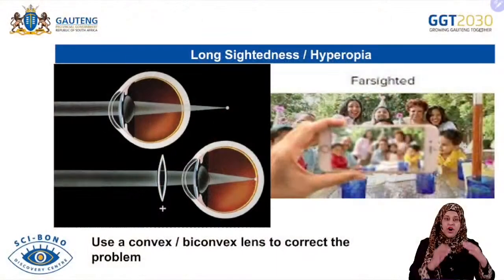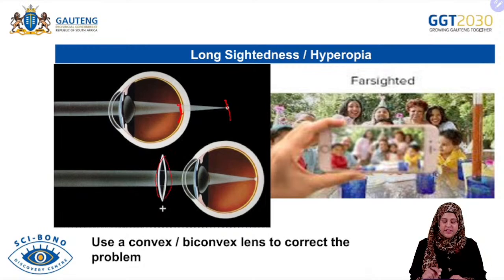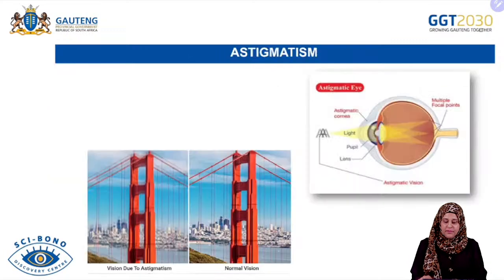And remember, the more convex the lens is, the more it increases the refractive power. So it's going to bend the light more, thus bringing this image that is formed at the back onto the retina here. And that's what happens in your diagram at the bottom, a convex lens or a biconvex lens, meaning that both sides are rounded to give the convex shape, and that corrects the problem.